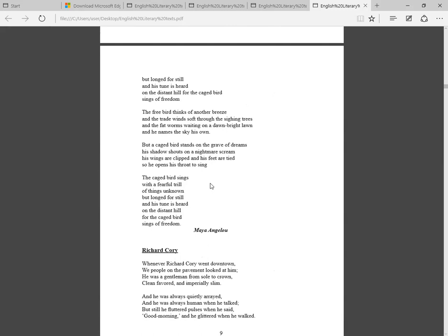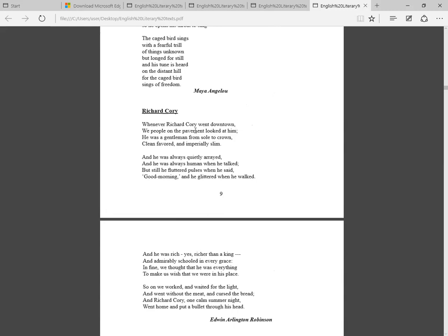Different rhyming. Right. What is the rhyming pattern of this? Go to Richard Cory. Now you can say. What is the rhyming pattern? Read the ending words.